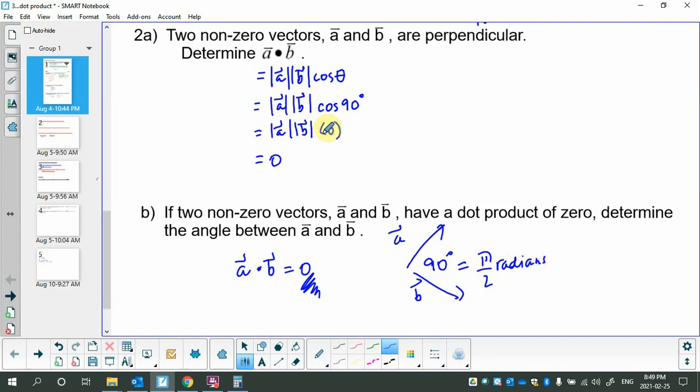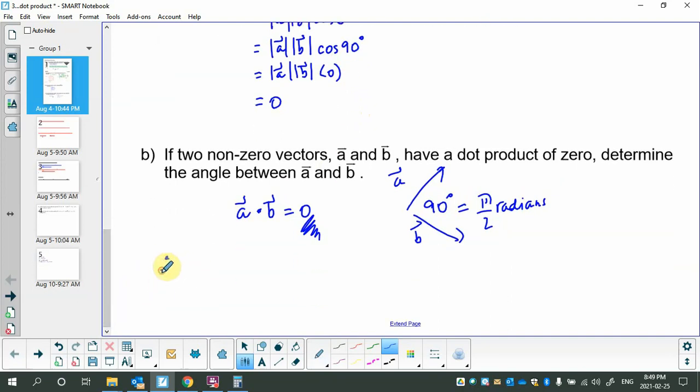That's the only way you're going to be able to create a 0, because this is non-zero and this is non-zero. So there must be some component of this that is 0, and that must be cos 90. So I can say, without a doubt, therefore, the angle is 90 degrees, and I'm going to say or pi over 2 radians just to show off.